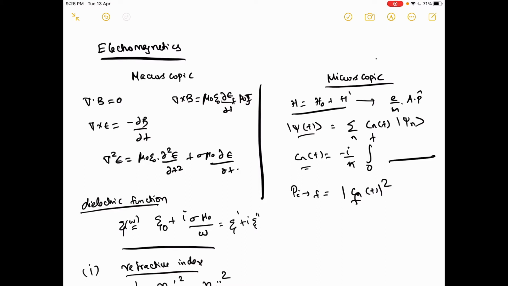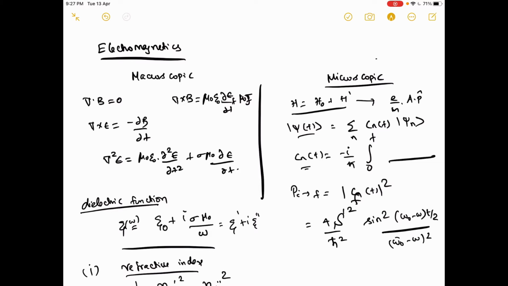What is the probability to be in Cf? It is Cf square, which was found to be 4 some constant. I think these constants are something which I probably did not take a lot of care over, so one has to look carefully at what these constants should be, but this is what I got last time: sine square of (omega naught minus omega) t by 2, over (omega naught minus omega) square.